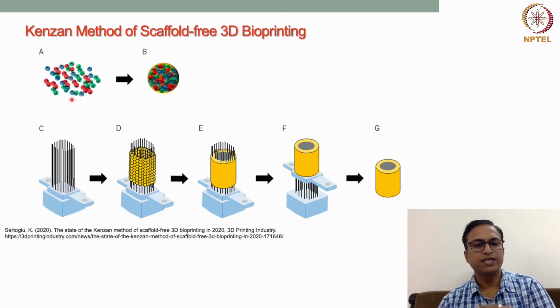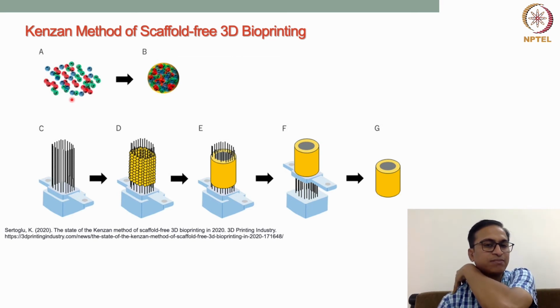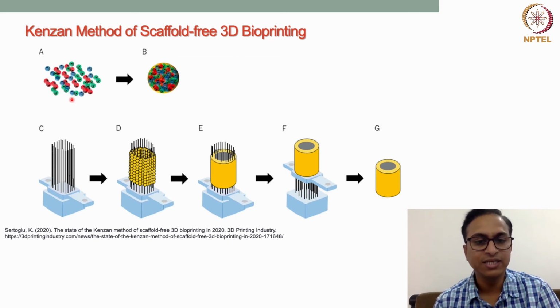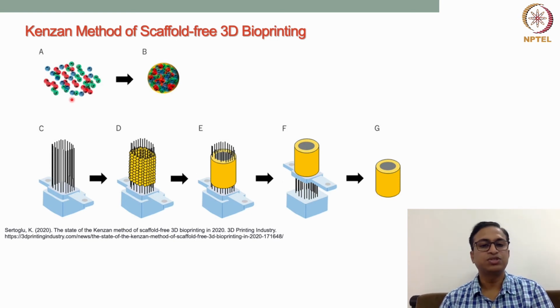They adhere to each other, they assemble, and they produce an agglomerate. The cells present in this agglomerate produce extracellular matrix components, and those extracellular matrix components bind the cells together, and then a tissue structure is developed.